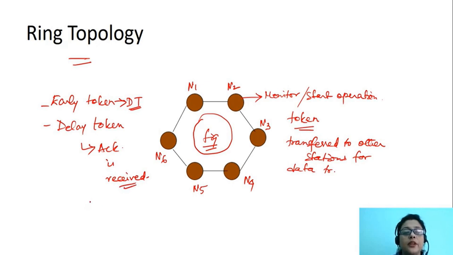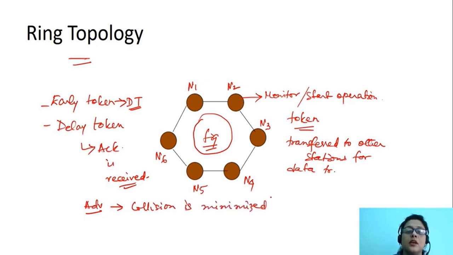So this type of network has the advantage that collision is minimized and it can be expanded.